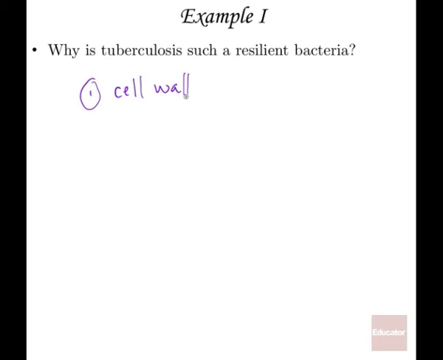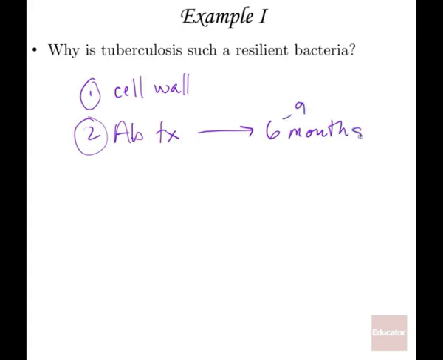So these antibiotic agents need to be pretty powerful. And the antibiotic treatment for the tuberculin bacteria sometimes lasts six to 9 months, which is quite a long period of time. And these doses have to be taken every day. So in the United States, this issue of compliance is really important.